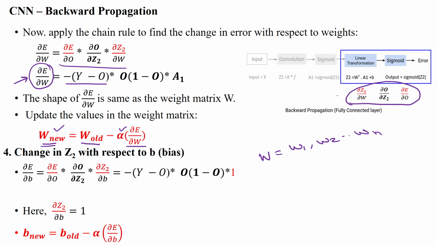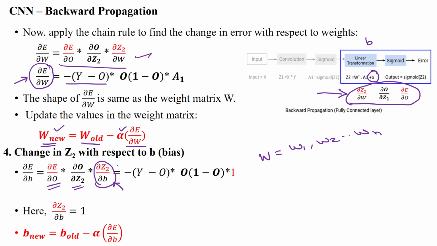Now we have to come back to this one. Here again we are having the bias values. For each neuron we are having the bias values. When you are applying this term, we already know these two terms. Here we are having only this term, so we have to find out this term.